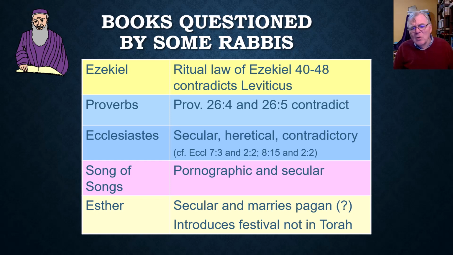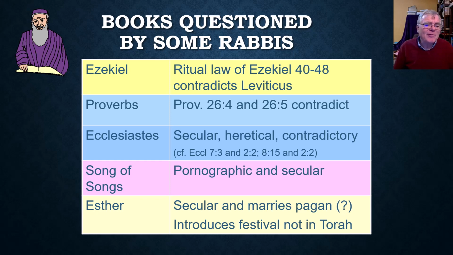And then it also introduces the Feast of Purim, and Purim is found only in Esther. It's not in the Torah. It's not in the Law of Moses. And they felt it was unwarranted to add a festival not found in the Torah. And so some rabbis rejected that book as well.